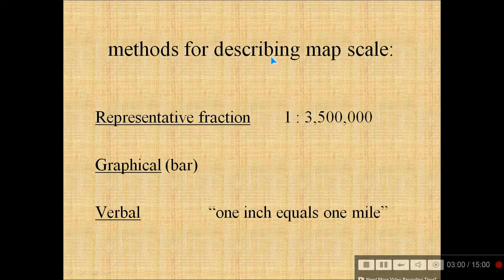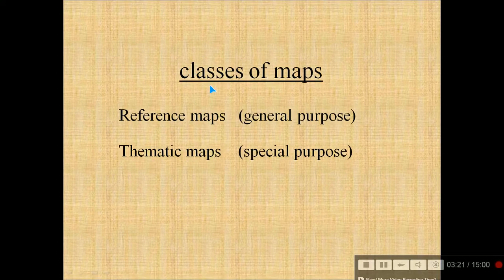Methods for describing map scale: RF, called representative fraction, 1 is to this number, that one unit on the map represents this many units in actual. And graphically, also verbal, 1 inch equals 1 mile. And what will be the classification of maps? Certain are reference maps, like general purpose, then thematic maps for special purpose, having a certain theme.